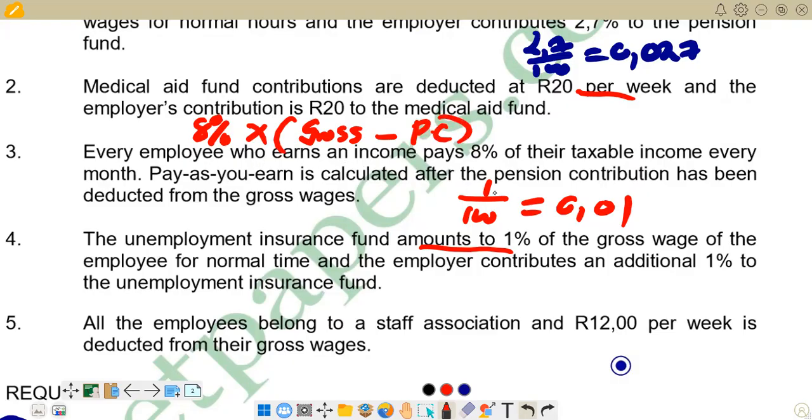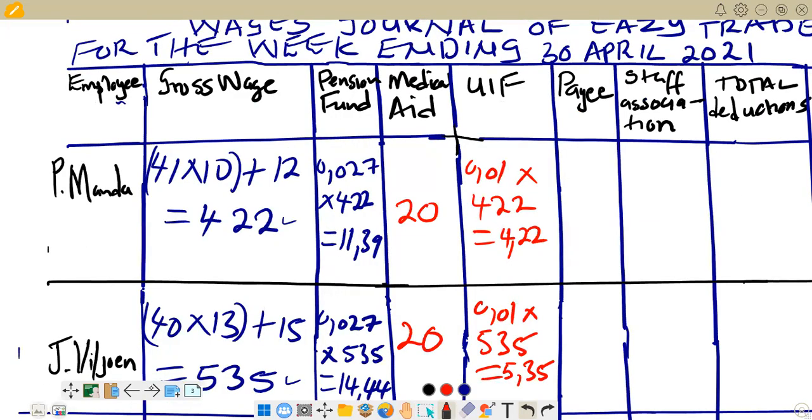As they are saying, pay as you earn is calculated after pension contribution has been deducted from gross wage. So your gross wage minus pension contribution, the net figure that we get, then we multiply by the 8%. And 8% as a decimal is 0.08. So we can go there and see the figures that we have and try to summarize the working.